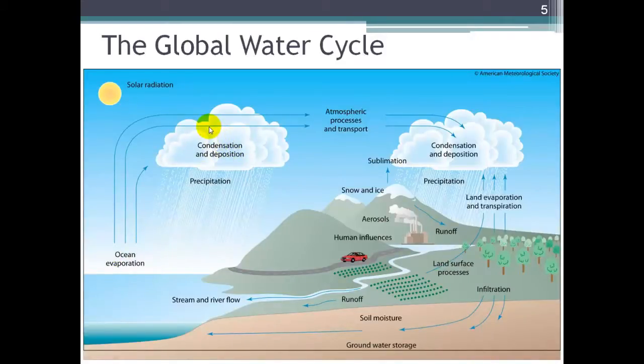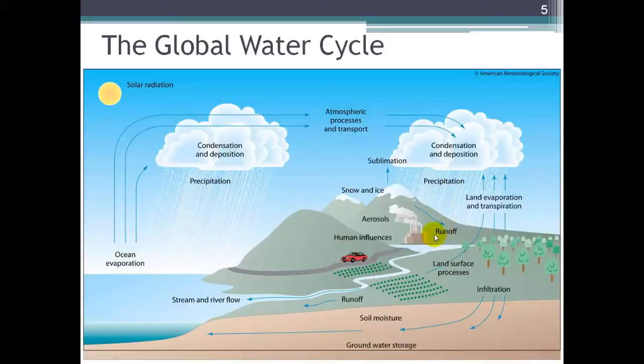As we'll see later in this chapter, it condenses to form clouds, and once the clouds grow to a specific height, then we can see some precipitation form. So the precipitation delivers the water back to the oceans and back to the land.